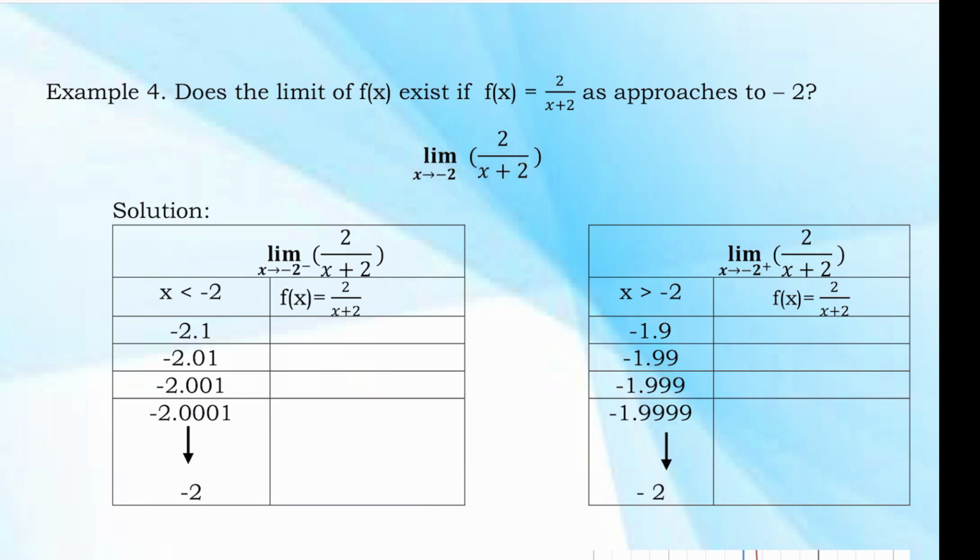To evaluate the function, we're going to use numbers closer to negative 2. The numbers to the left side of negative 2 are negative 2.1, negative 2.01, negative 2.001, negative 2.0001. If we substitute x by negative 2.1, the function will become negative 20.